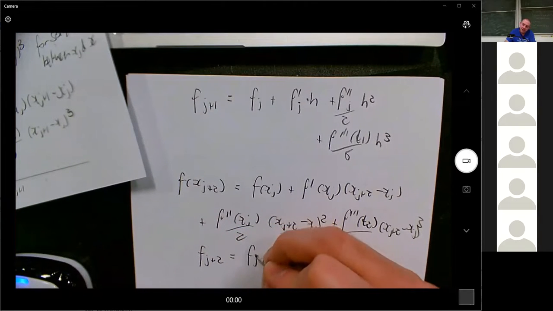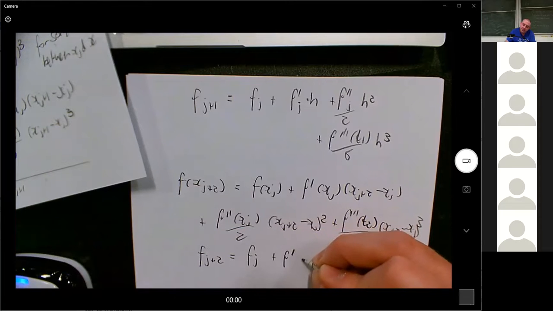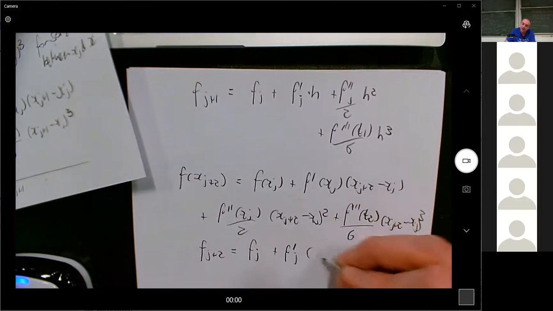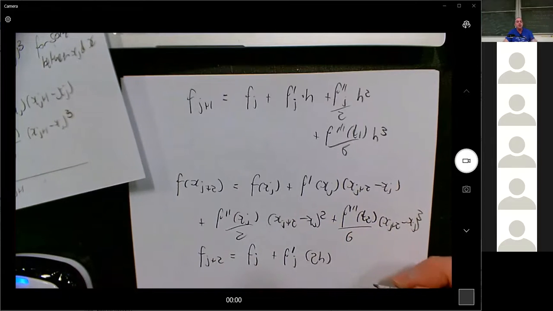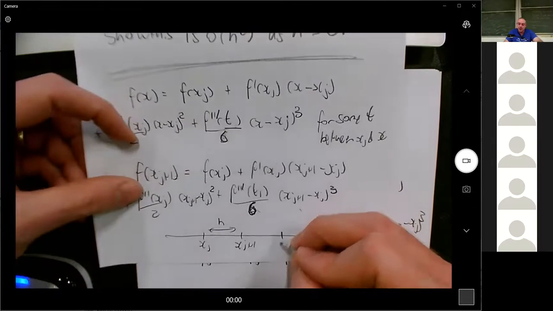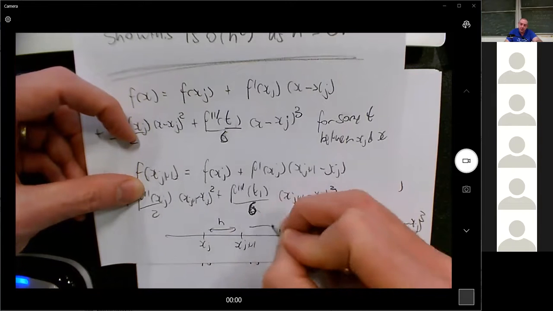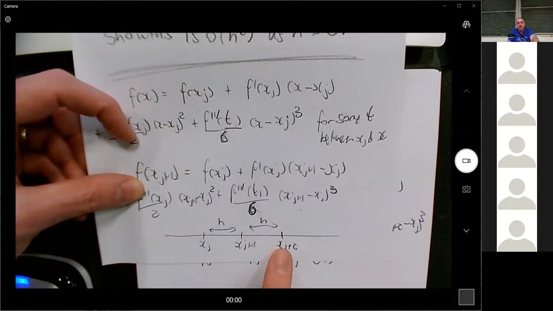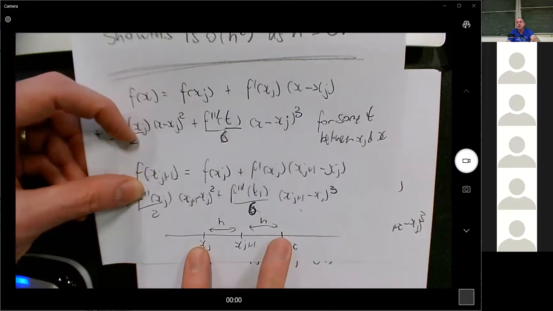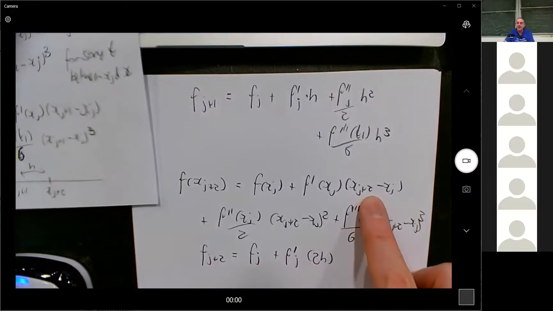This is fj. This is f dashed j. And this is 2h, because according to my diagram, this is xj plus 2. That's how far xj plus 2 is from xj, and so xj plus 2 minus xj is 2h.